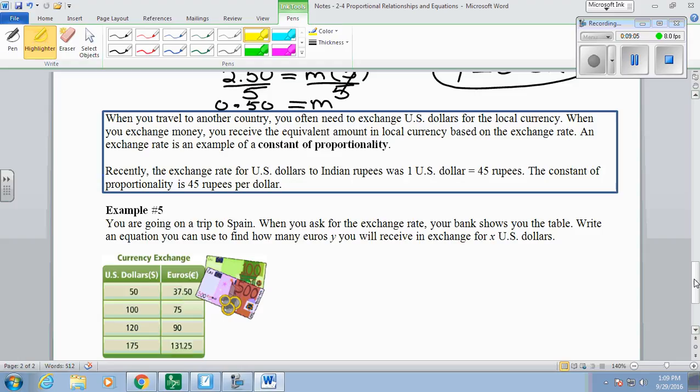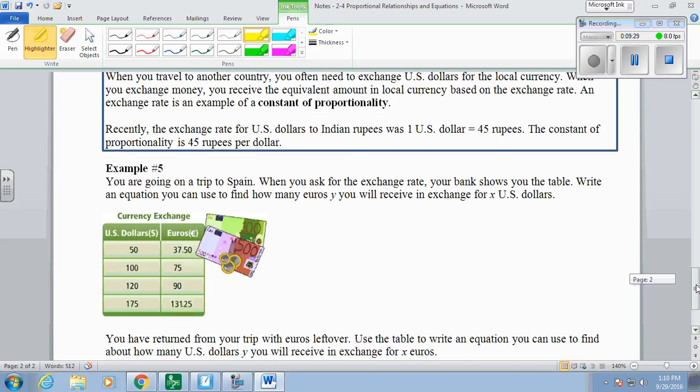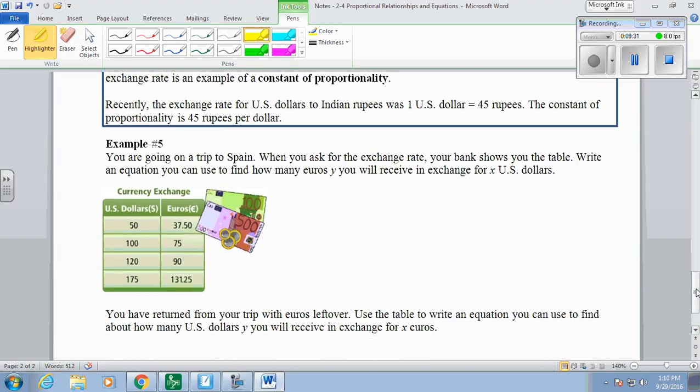So the constant of proportionality is 45 rupees per dollar. How I think about this is if I give them 1 US dollar, I'll get 45 rupees. If I give them $2, I should get 90 rupees. If I give them $3, I should double that and get 45 times 3. So you can use the concept of proportionality here, constant of proportionality, to figure this out.